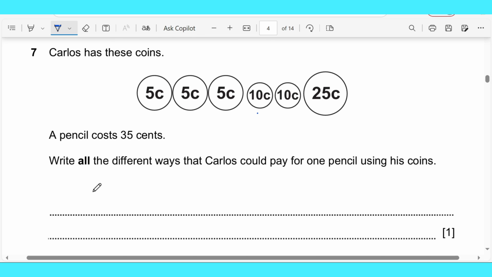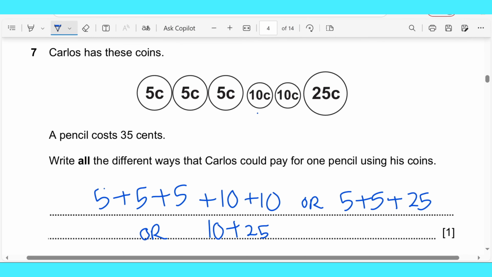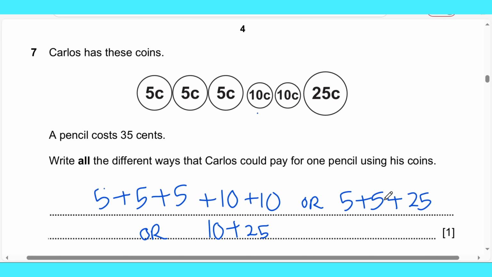The possible combinations will be: we already have 5, 5, 5 plus 10 plus 10, first one. Second one is 5 plus 5 plus 25, that also sums up to 35, or only 10 cent plus 25 cent coin. Alright, let's move on.